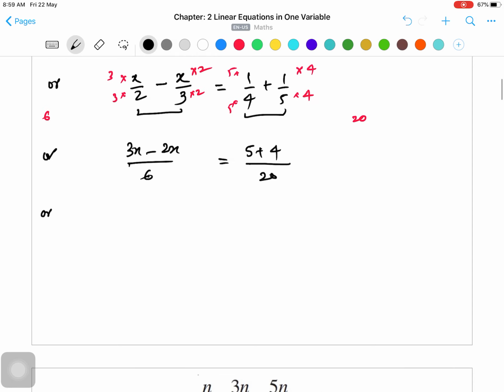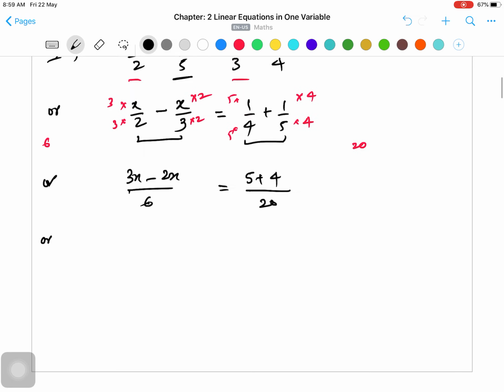Next, we can write this equation as: 3x minus 2x is x by 6, and 5 plus 4 is 9 by 20. We can shift the 6 onto the right hand side, so division changes to multiplication.